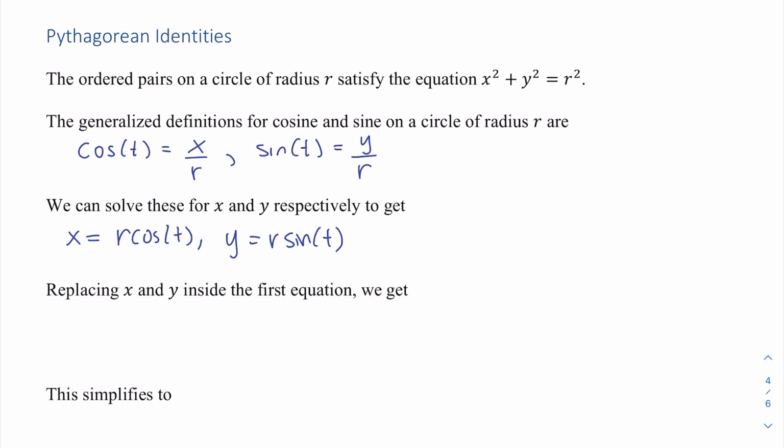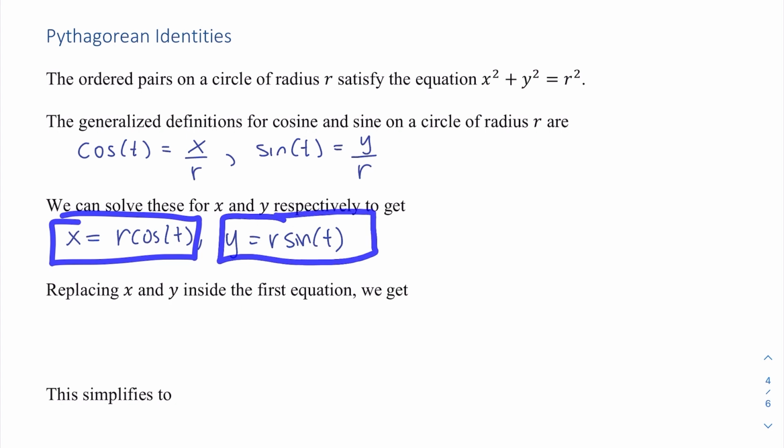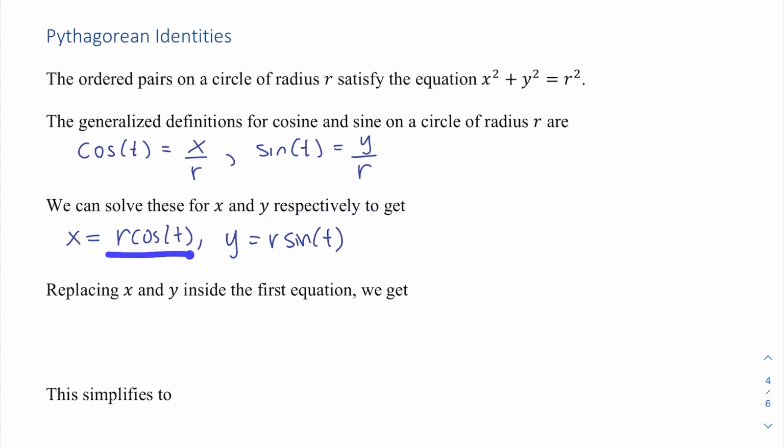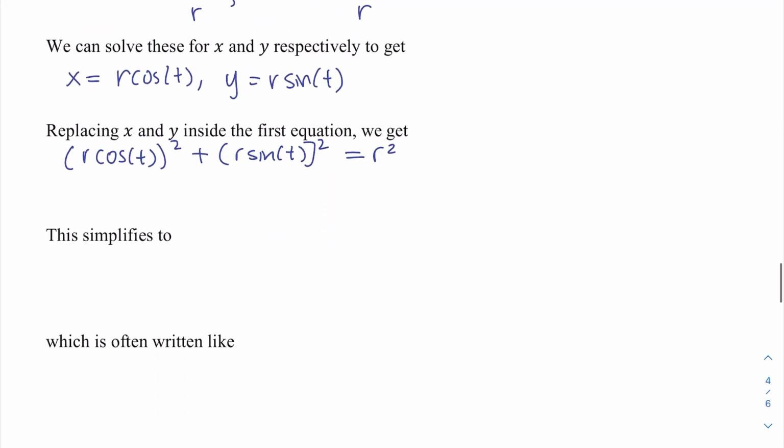So we can actually take each of these equations and plug in r cosine of t and r sine of t for x and y up here. So let's see what I get. I get r cosine of t, all squared, plus r sine of t, quantity squared, is r squared. All right, so what would this work out to be?